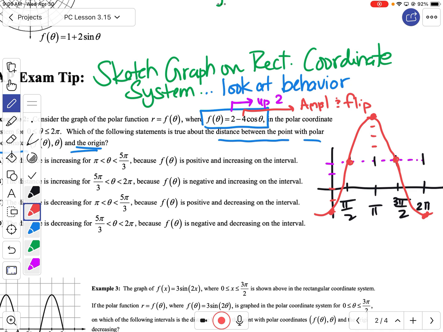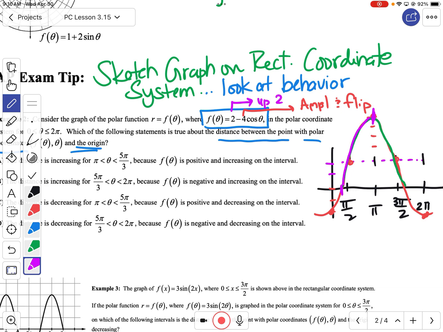Positive and increasing, negative and increasing, positive and decreasing, negative and decreasing. I know I'm positive in all of these places, so I'm going to start there at my 2 positive statements. I'm going to increase from whatever this value is to pi. So I would be positive and increasing from some value to pi.